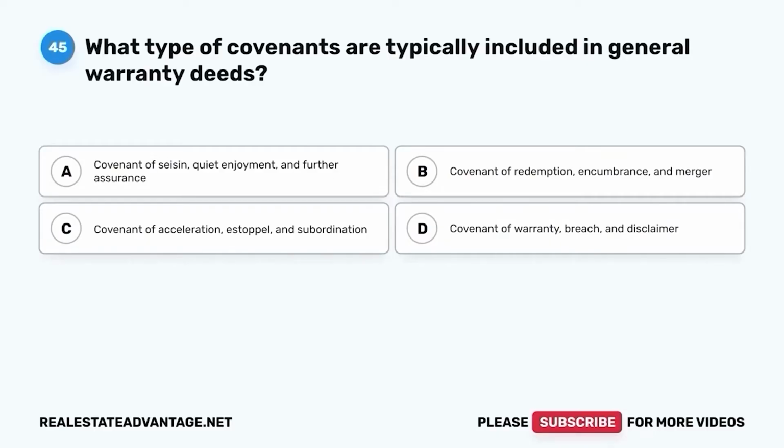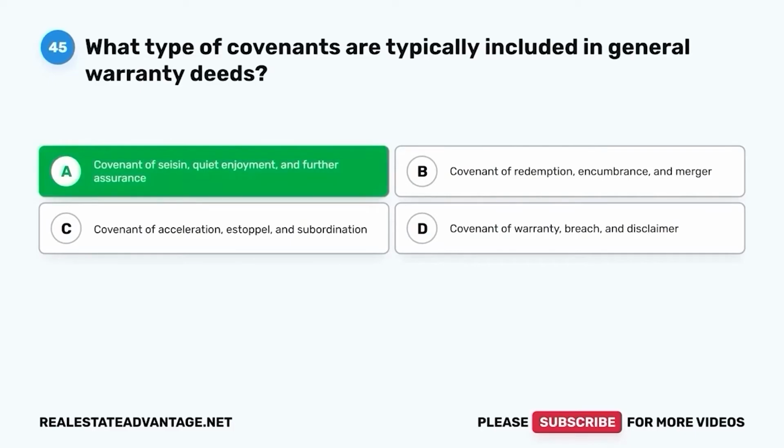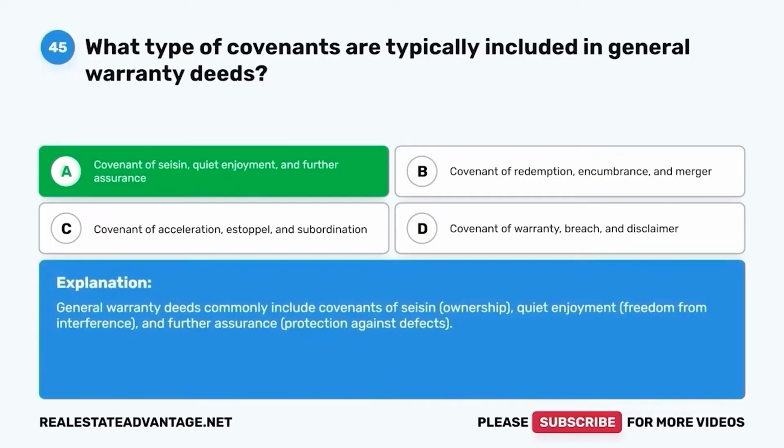D. Covenant of warranty, breach, and disclaimer. The correct answer is A. Covenant of seisin, quiet enjoyment, and further assurance. General warranty deeds commonly include covenants of seisin, ownership, quiet enjoyment, freedom from interference, and further assurance, protection against defects.